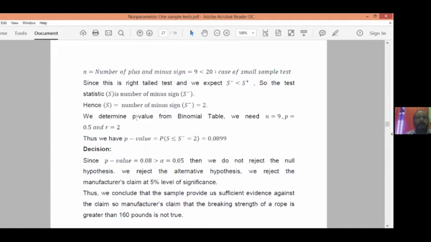We determine the p value from the binomial table. When n is 9, p is 0.5, and r is 2, we get the p value 0.0899. Then what is the decision?